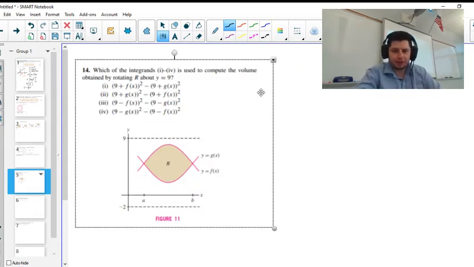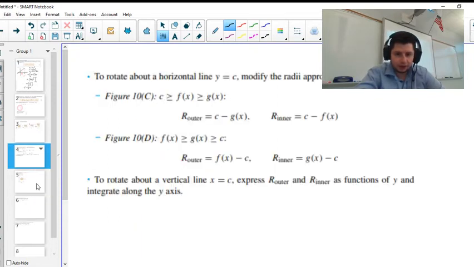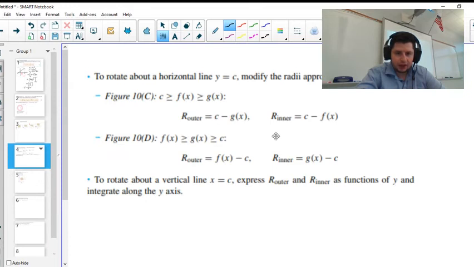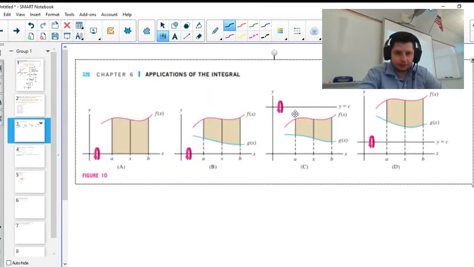So, for example, number 14 here: which of the integrands is used to compute the volume obtained by rotating R about y equals 9? We want to think about our outside function, which is the furthest away. f of x here is furthest away, and this is the same as this one.